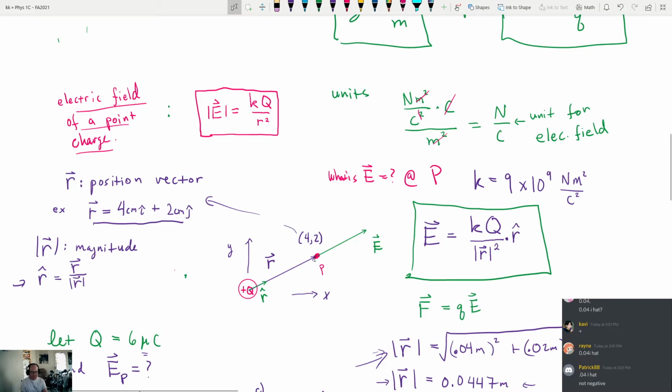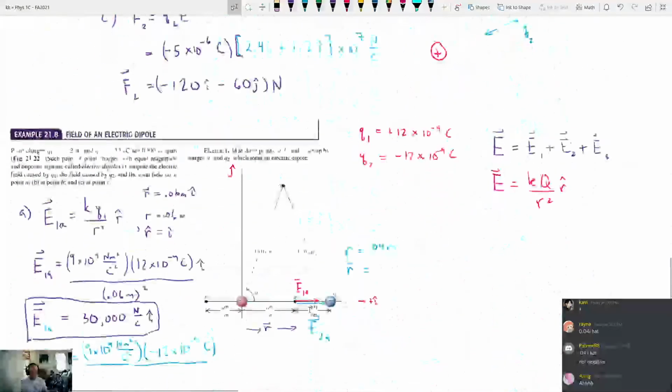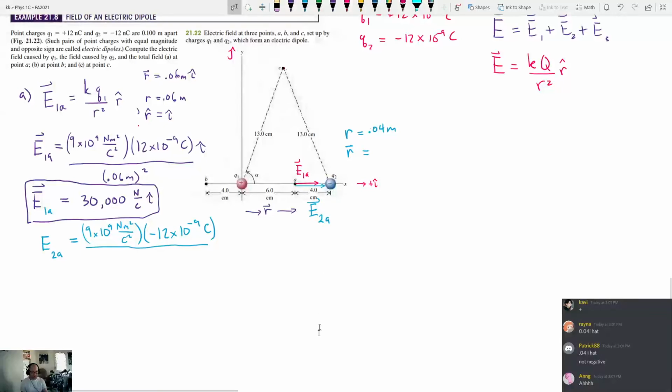You guys understand? Remember this. Position vector is from the charge to the point, right? From the charge to the point. So the R vector in this case would go from the charge to the point back like this. So it's negative, right? So negative 0.04 meters, and then obviously I hat, right?